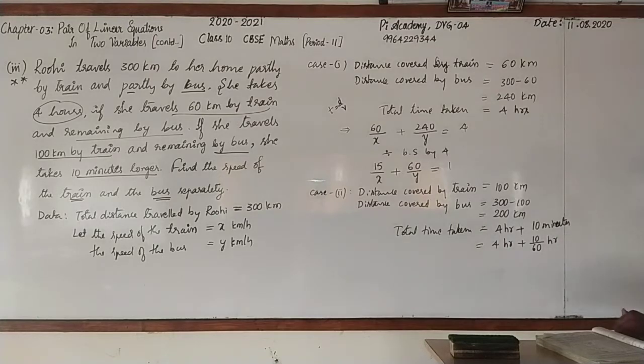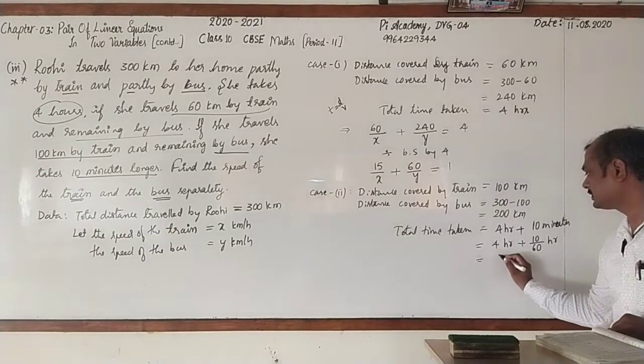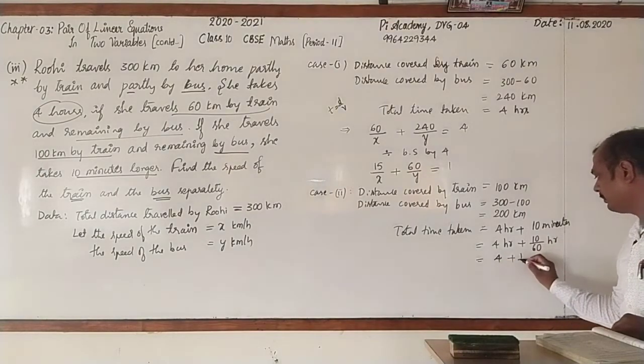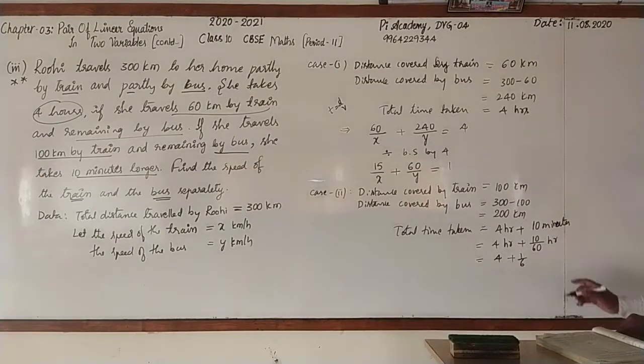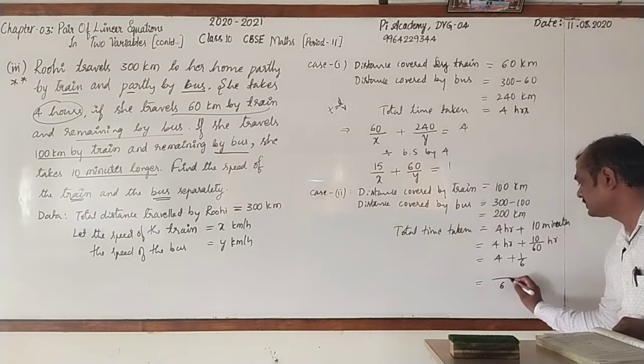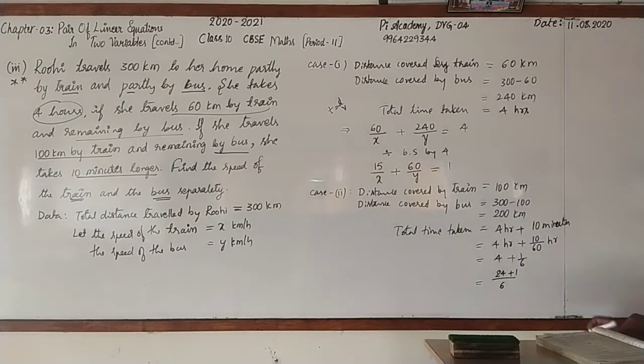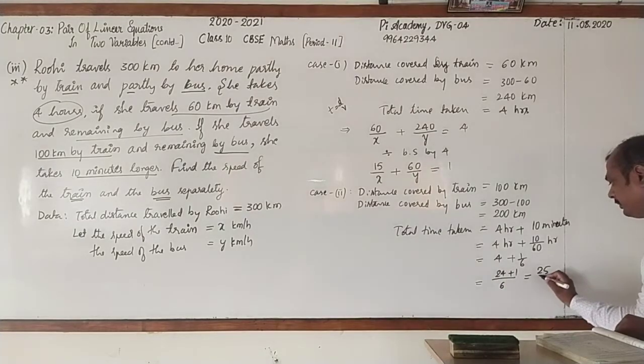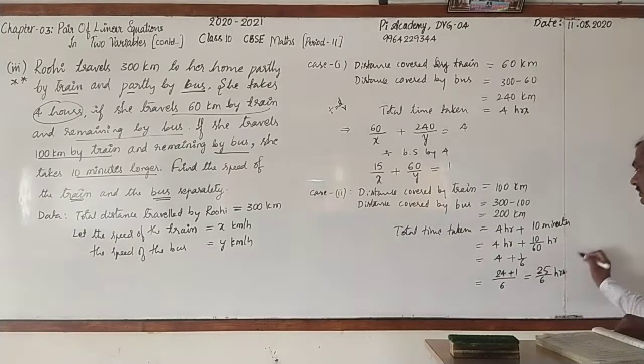Because 1 minute is equal to 1 by 60 hour. It is 4 plus 1 by 6. Then simplify this. You will get 6. Then 6 4s are 24 plus 1. It will be 25 by 6 hours.